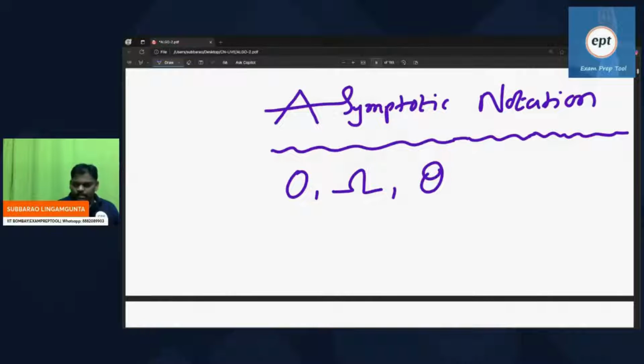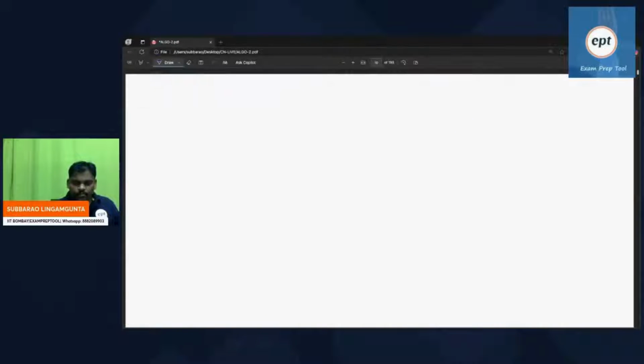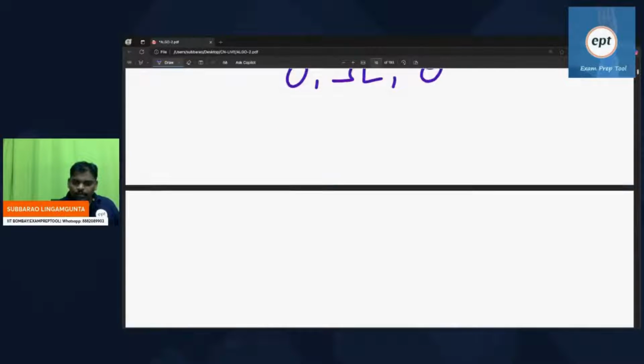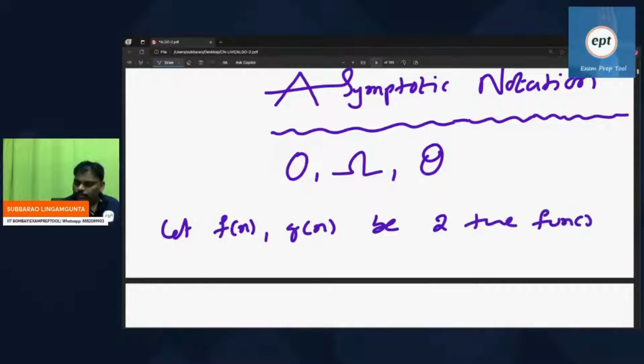Let's write the big O notation. But before going into all these three, let me write one small line. Let f of n, comma g of n, be two positive functions.